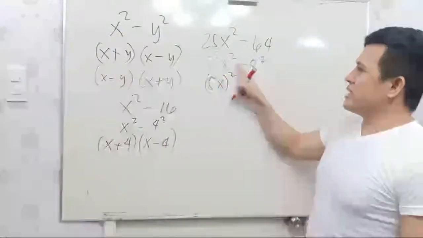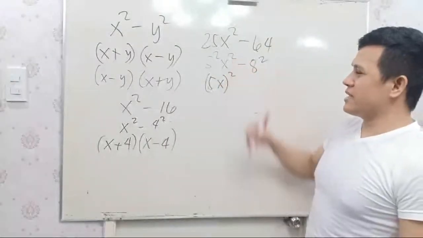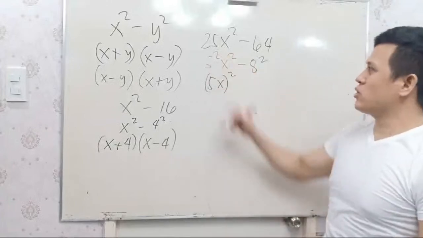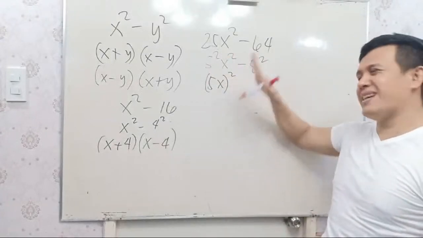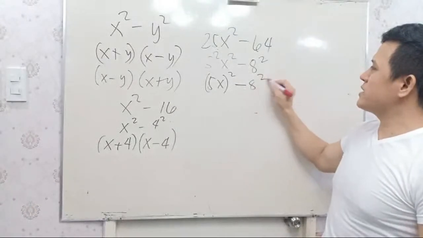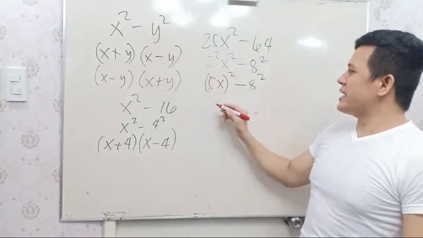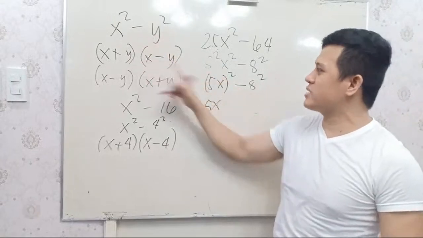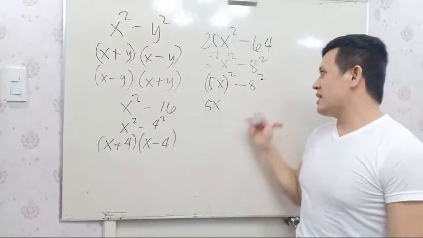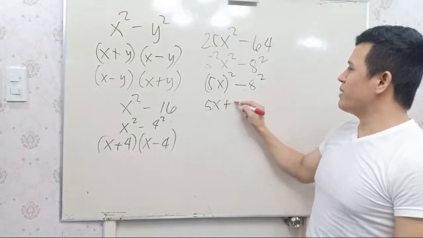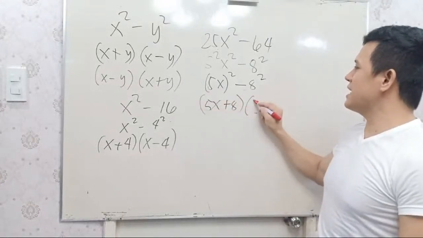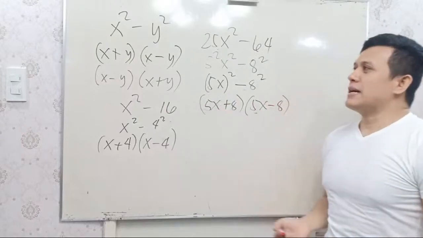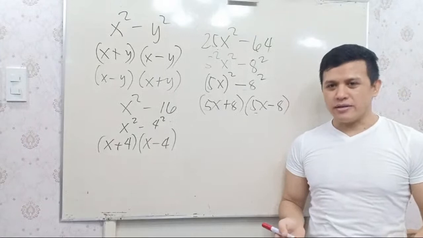The same exponent, 2, can be factored out. And then 8 squared. So this is now in that form. We can say 5x is the x and 8 is the y. So 5x plus 8, and then 5x minus 8. That's how we factor the difference of two squares.